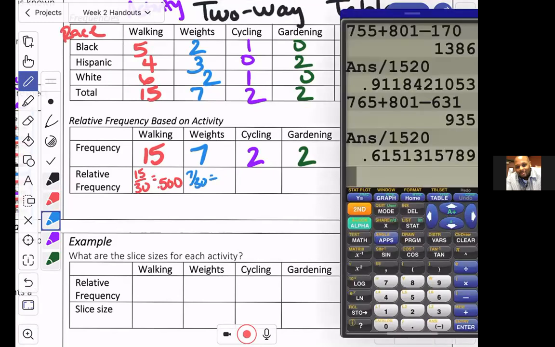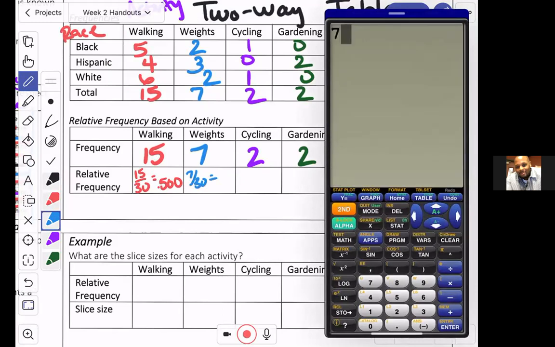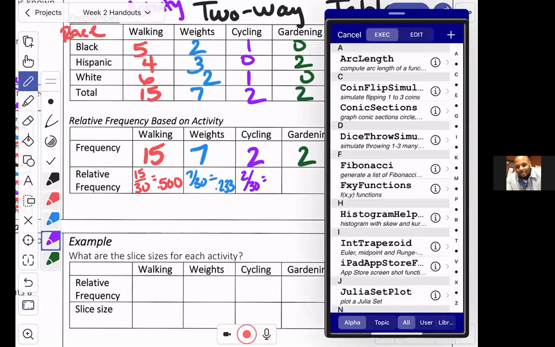Next one, 7 divided by 30. If I do that, 7 divided by 30 is 0.233. I'm going to go to 3 decimals. Next one, 2 divided by 30, 0.067.